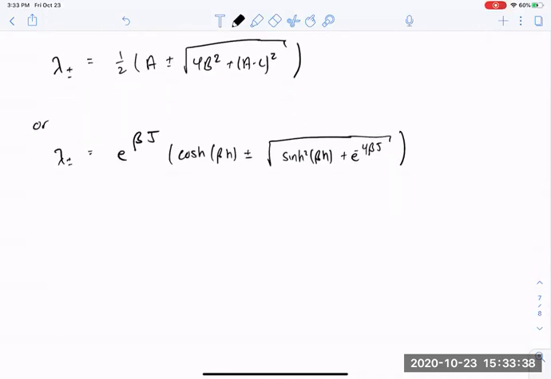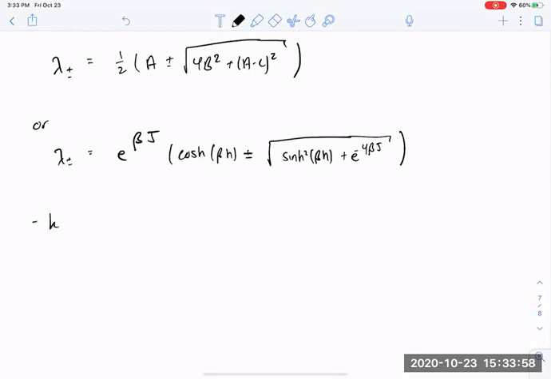Again, when we raise to the n, only the dominant eigenvalue is important. That is the eigenvalue associated with the positive root, the strictly positive quantity inside the root.